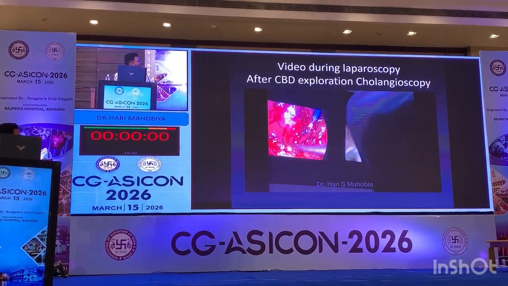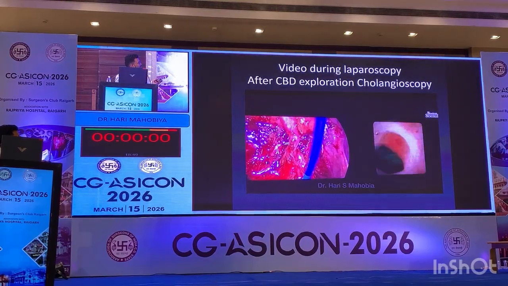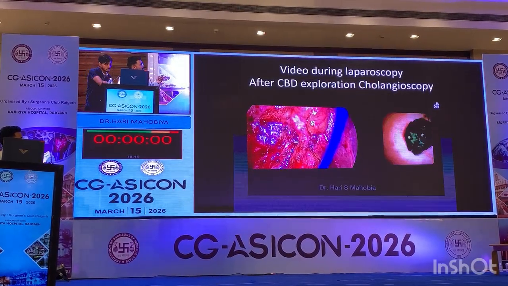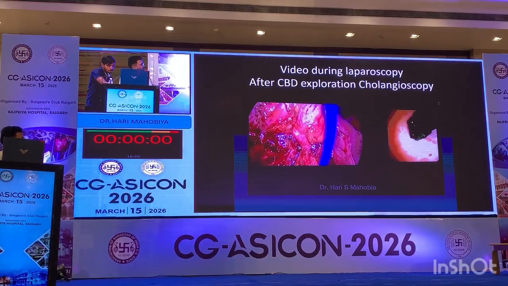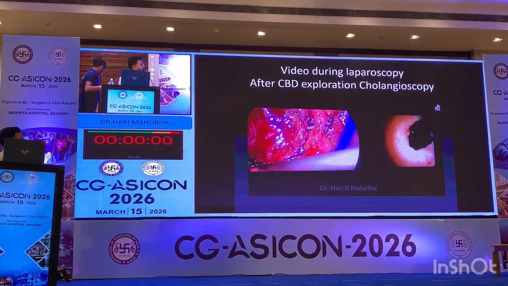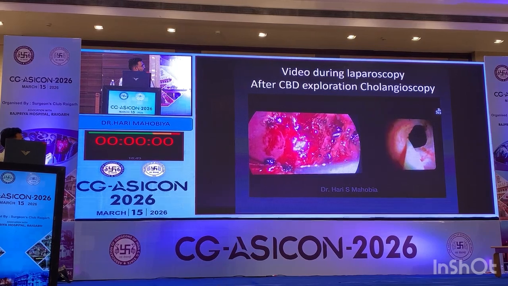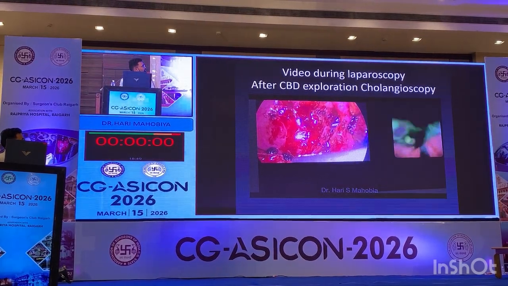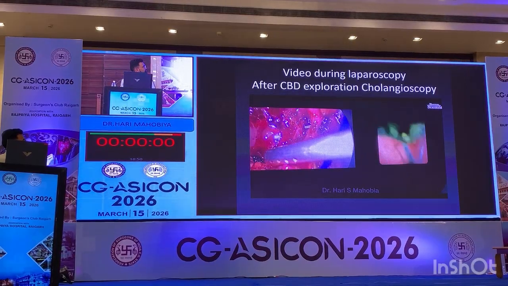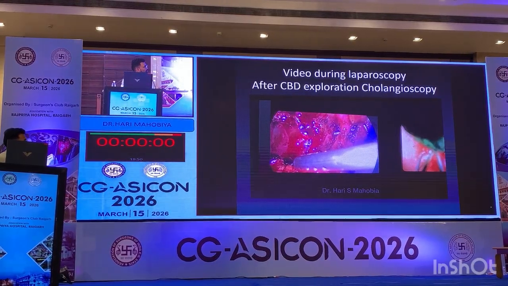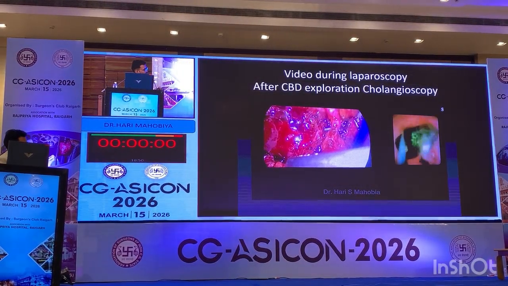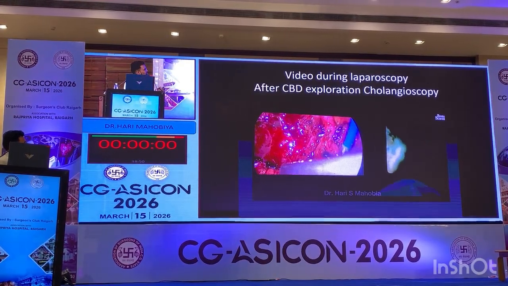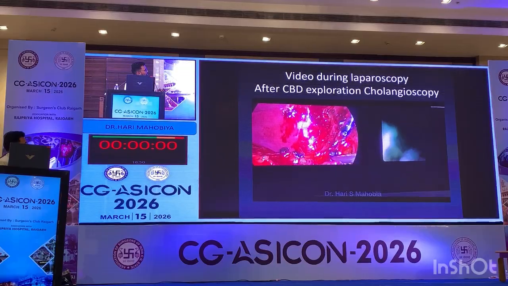We are taking out the stone using the basket. Now we are sending the scope distally towards the duodenum, and there is a stone over the papilla of the duodenum. We are trying to catch this within the basket, and we remove this stone using the basket from the CBD.